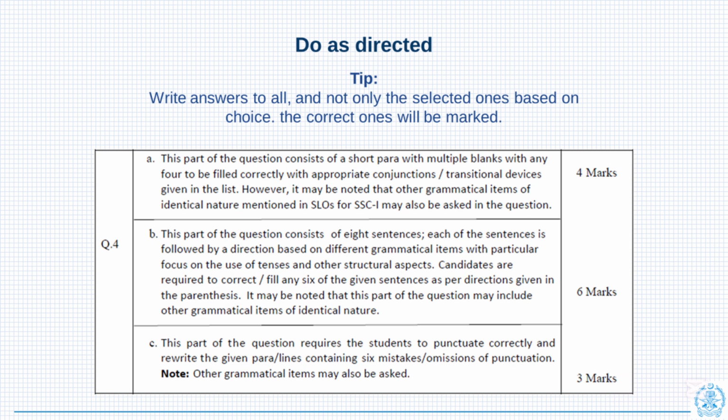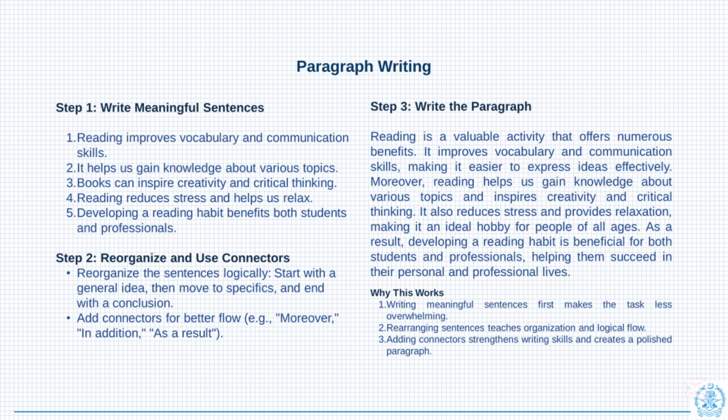For paragraph writing, dialogue writing, or essay writing, have your students jot down the meaningful sentences related to the topic first. Make sure that the sentences can stand alone as a complete meaningful idea. Organize these ideas into a logical order using connectors and construct a complete paragraph using them.